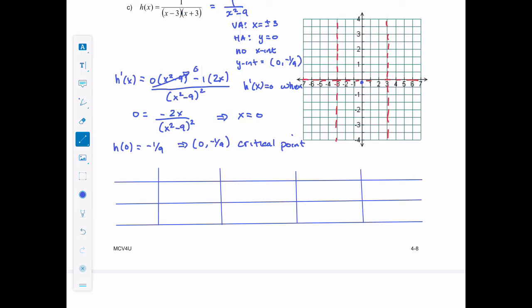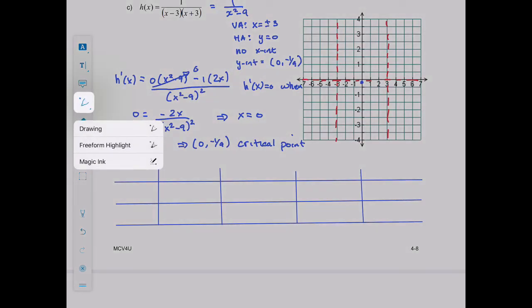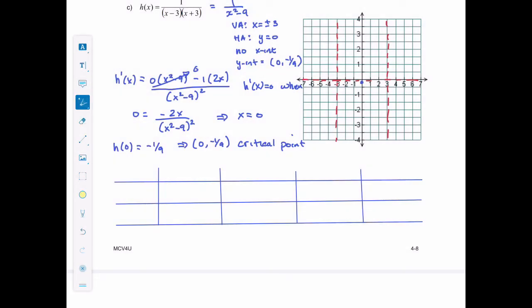So let's fill this in. And again, we're working with the derivative function. The derivative function that we're working with is really this part over here, right? We can just put h of x instead of 0 there. So let's do this. This is going to be our interval.